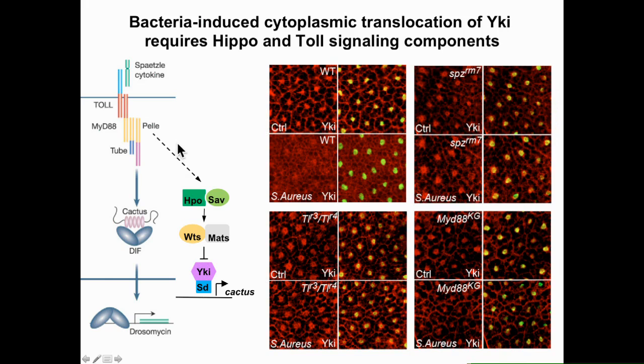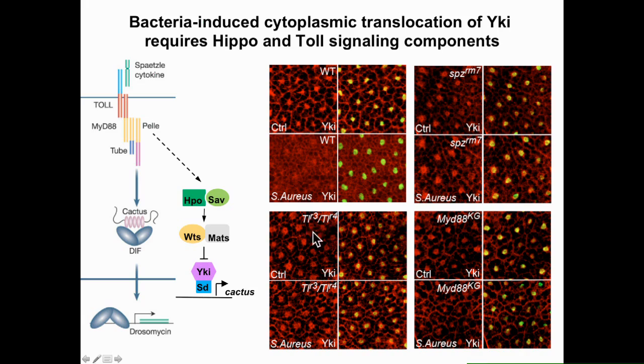He also went on to test the other components of the Toll receptor signaling pathway, including the ligand Spätzle, the Toll receptor itself, and the adaptor protein MyD88. Just to remind you, in a wild-type genetic background, if you infect with bacteria, within 2 hours the protein Yorkie translocates to the cytoplasm, and you no longer see the nuclear concentration.